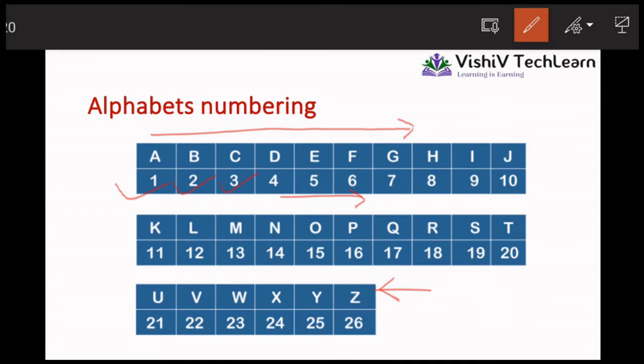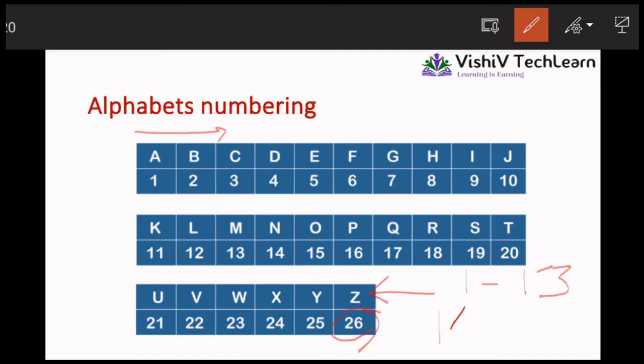Now the importance of this table is, when you are solving problems on sequences or series, you will require this particular knowledge. To remember these alphabets starting from 1, 2, 3, 4, that is A, B, C, D till Z, the trick is, we can divide these 26 alphabets into two parts. The first part will be 1 to 13 and the second part will be 14 to 26.